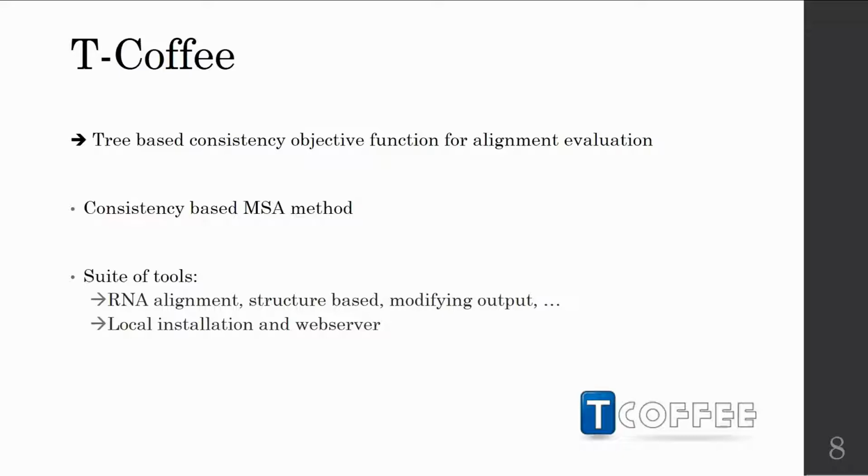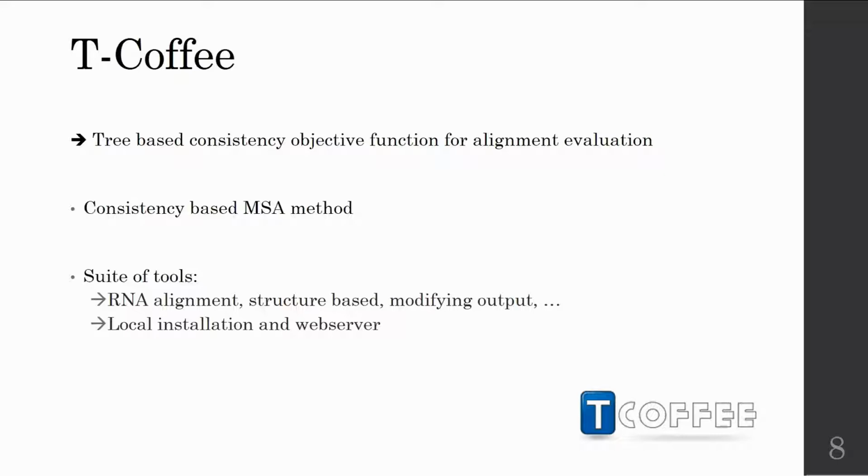tCoffee is a consistency-based multiple sequence alignment method, and consistency-based is a description of multiple sequence alignment methods or algorithms where they will search for triplets, meaning that they will search for an intermediate that will bind to two sequences.